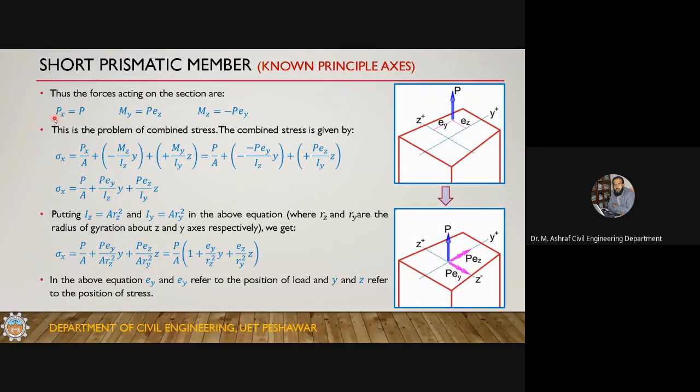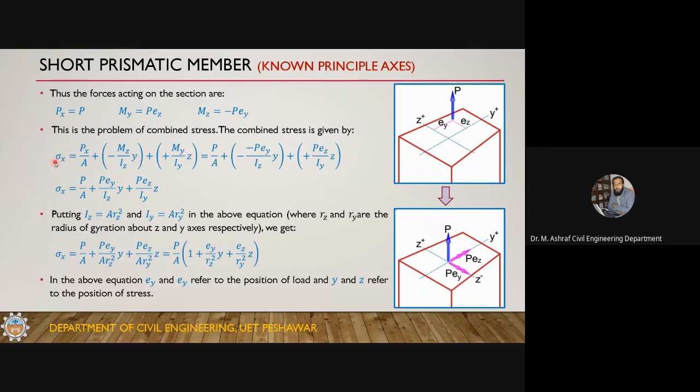So there is an axial force Px equal to P. There is a bending moment about the y-axis, which is about the positive y-axis. There is a bending moment about the z-axis, which is Mz equal to minus P Ey. Minus is because this is about the negative axis. So now I have a combined stress case, when an eccentric force is applied.